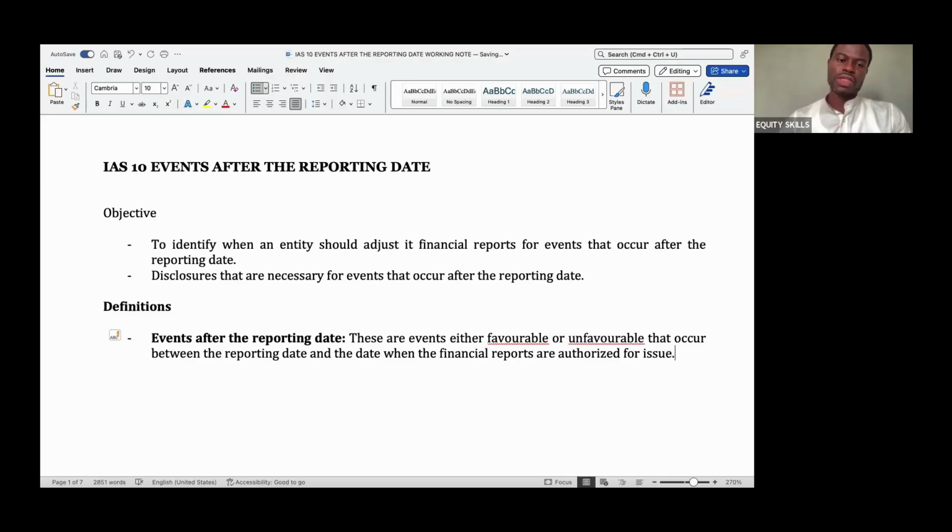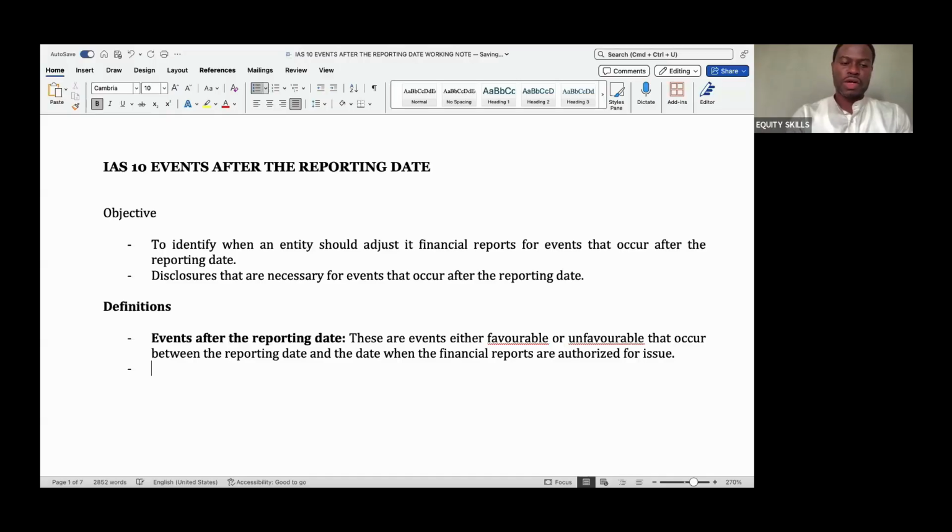So events after the reporting dates are events whether favorable or unfavorable that occur between the reporting dates and the dates when the financial reports are authorized for issue.